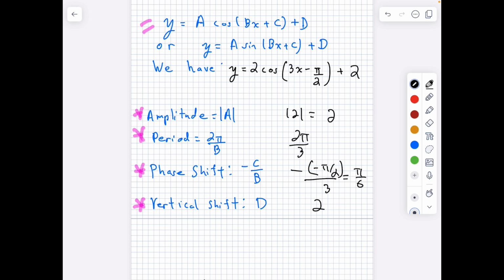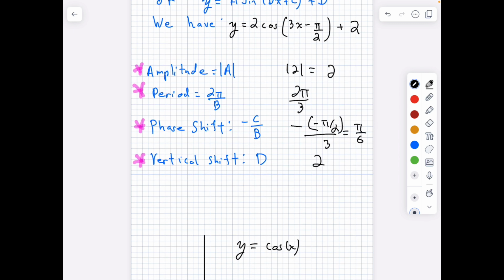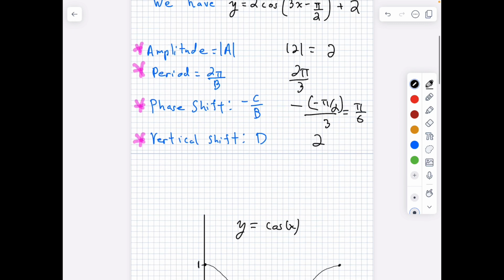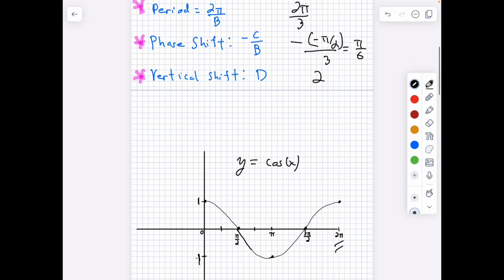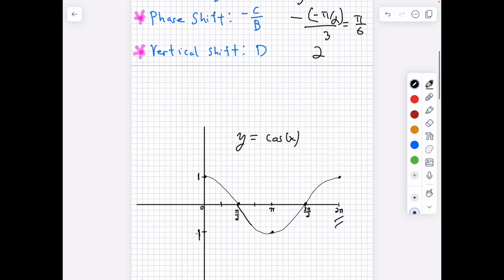So again, the phase shift tells you where your starting point is, quote unquote, on your graph here. And the next thing I like to do is this. This is really important. I highly recommend that if you're not familiar with the graph of just plain cosine of x and sine of x over one period, 0 to 2 pi, you go over that first, okay?